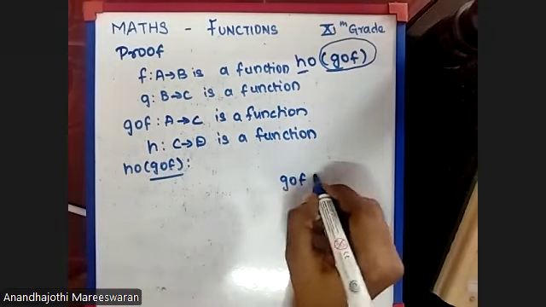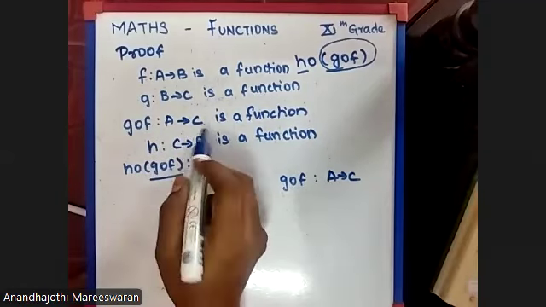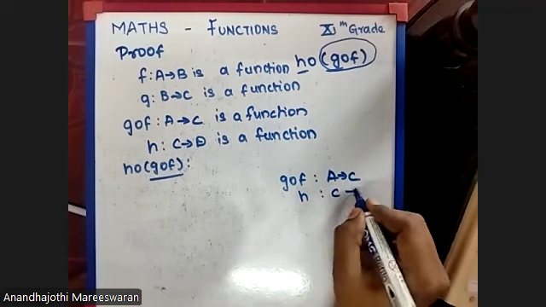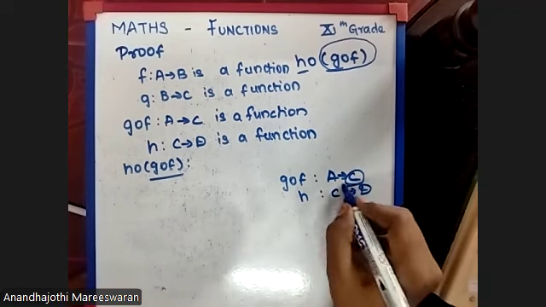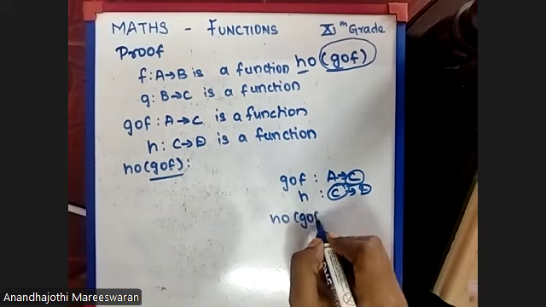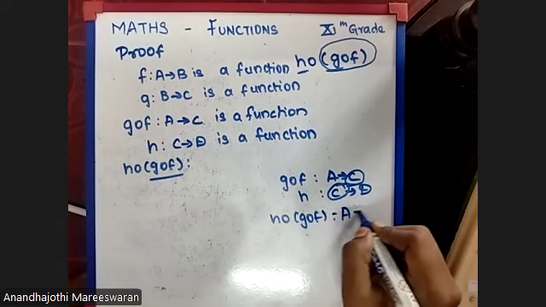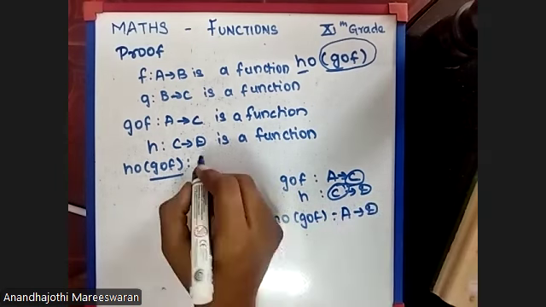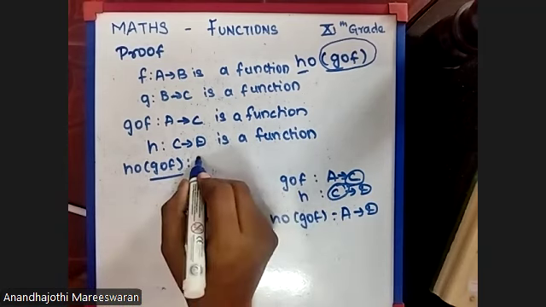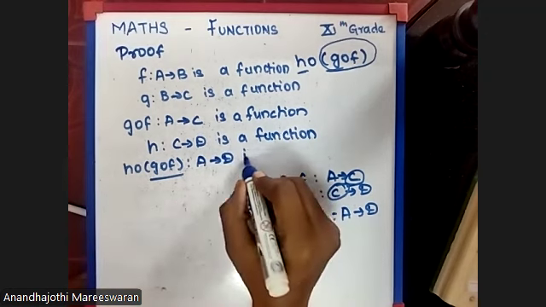G circle F, which maps A to C, right? Then whom comes next? H. He maps C to D. These are the same. So H circle, G circle, F, directly we can write A to D. Right? H circle, G circle, F lies on domain A to codomain D and is also a function.